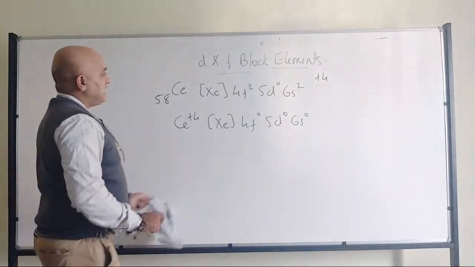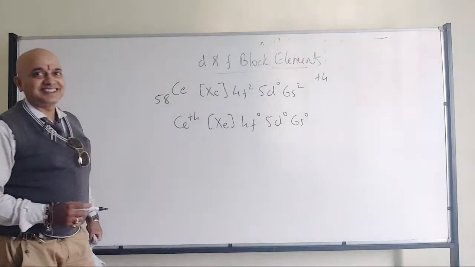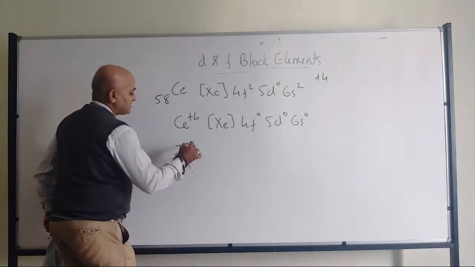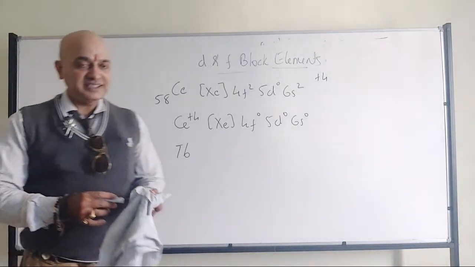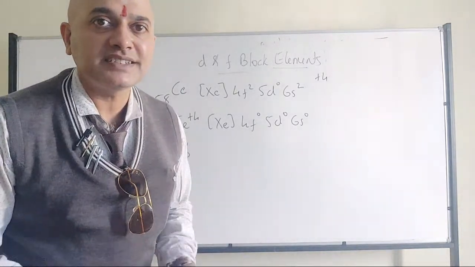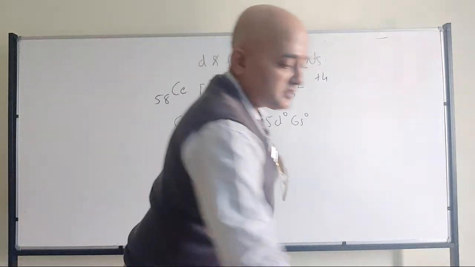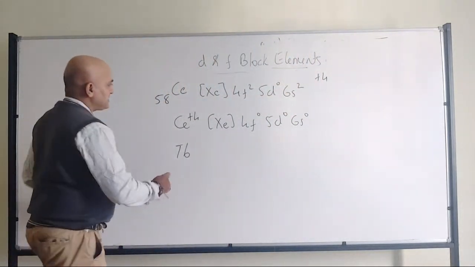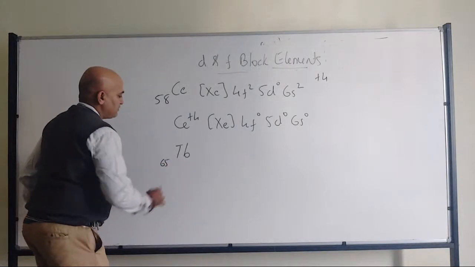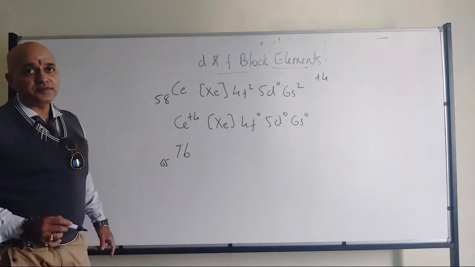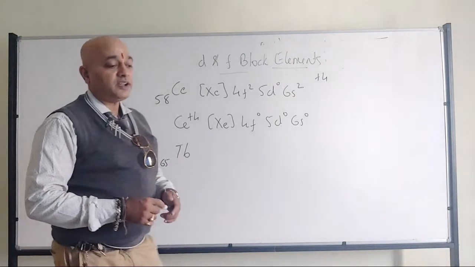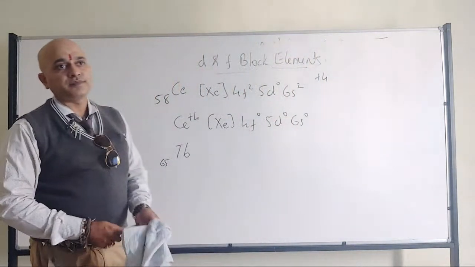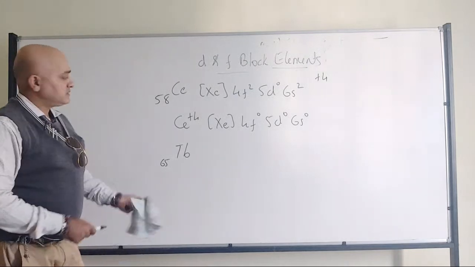I think we can have terbium. Just to remember, it is Tb. Now if I take Tb, the atomic number, Purnima, will be 65. What will be the electronic configuration? 65.